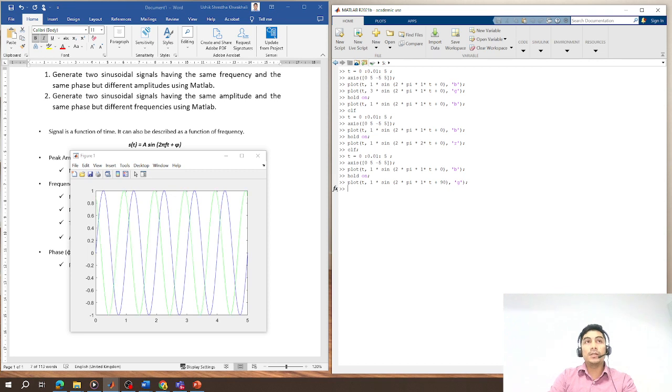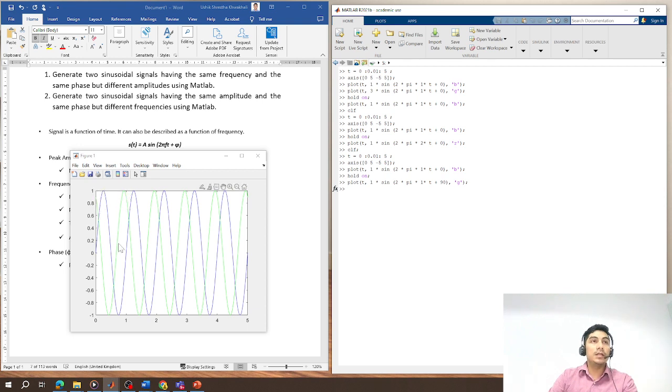And then when we press enter, we can see that there are two figures, right? One in the green and another in the blue, two sinusoidal waves. Here, the green is starting before the blue.